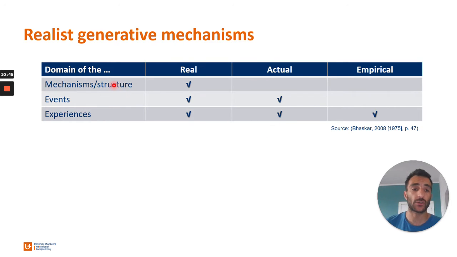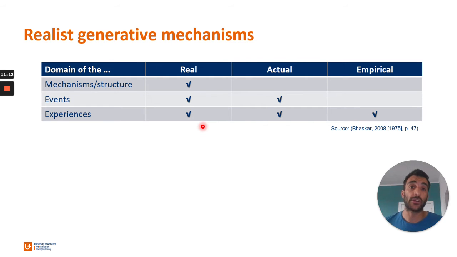So the mechanism and the structures are in the domain of the real. And the domain of the real is very crucial to understand that this is, and what we call, or what Bhaskar called, the intransitive part of reality, the intransitive part in science, because they exist, the domain of the real, the mechanisms and the structures, they exist independent of us as researchers and evaluators knowing anything about them or having an influence on them.